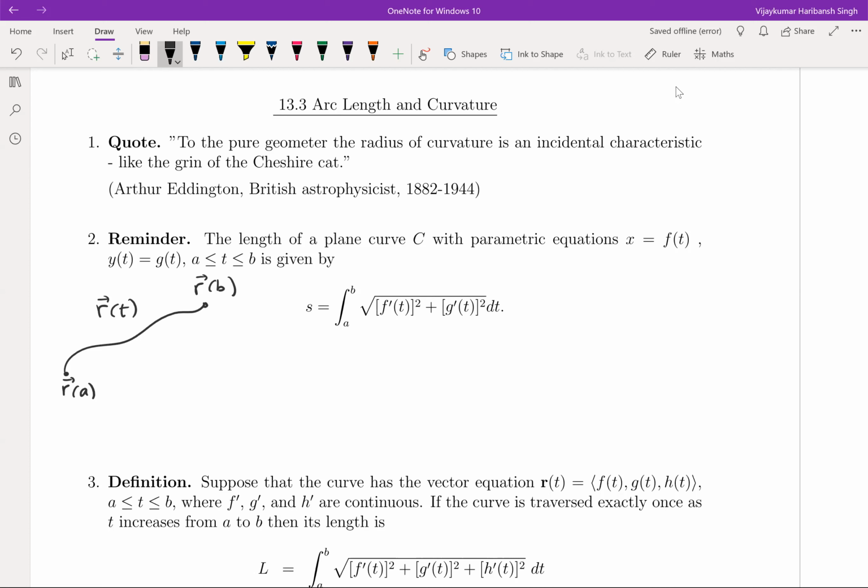So the way it works is you basically find out small lengths like that and then add them using Riemann sum. So the idea would be these small lengths can be approximated by the length of the tangent. So it's going to be r prime.